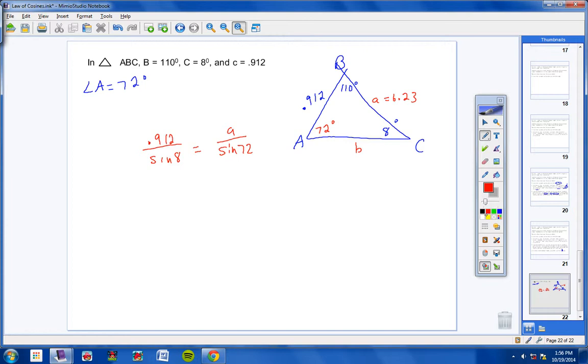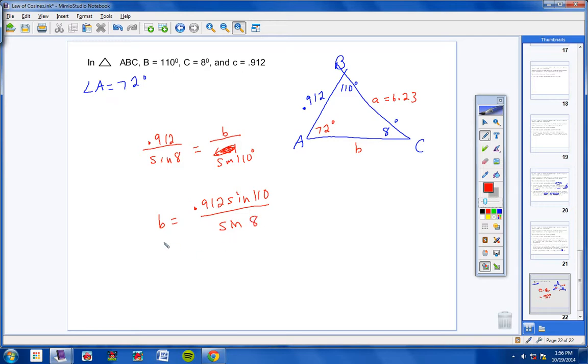And then very quickly, using my ratio that I already have right here, now we're going to solve for side B. So side B over cosine of what? Or excuse me, sine of what? Sine of 110. Okay, so cross multiply and divide, and we have 0.912 sine of 110 over the sine of 8.